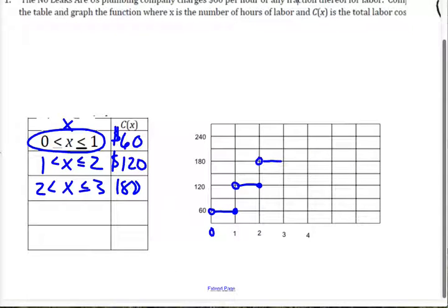So open end means it doesn't count, but anything above that would count, and circled in does count. And we'll go one more. Between 3 and 4 hours, it's going to be $240. So jumping up here and over. Very good.